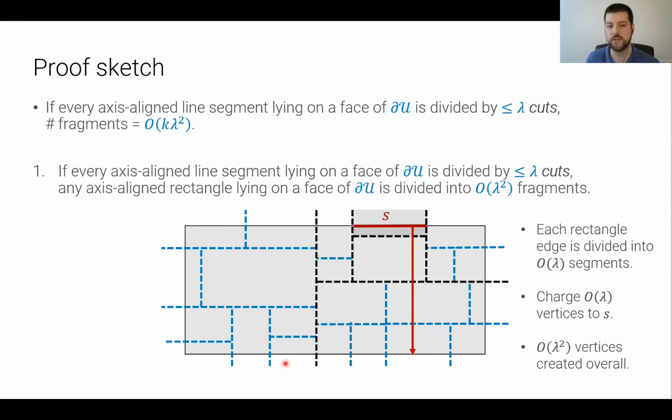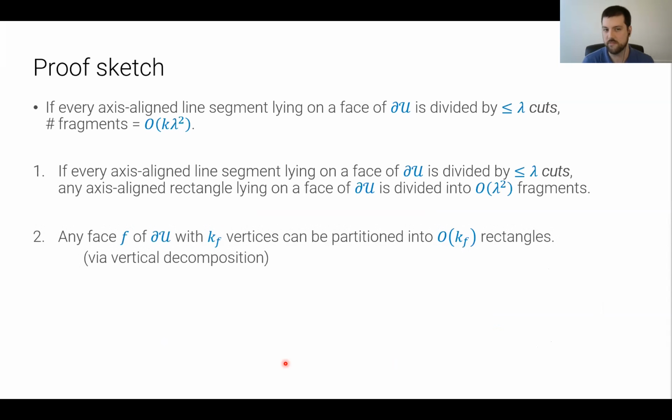So we'll be able to charge the edges of these segments, that is the vertices of the subdivision, to these edges on the outside, where each of the order lambda segments is charged order lambda times. And in total, the total complexity of the subdivision is lambda square. The number of vertices is proportional to the total number of fragments being made, and hence we have the claim set out.